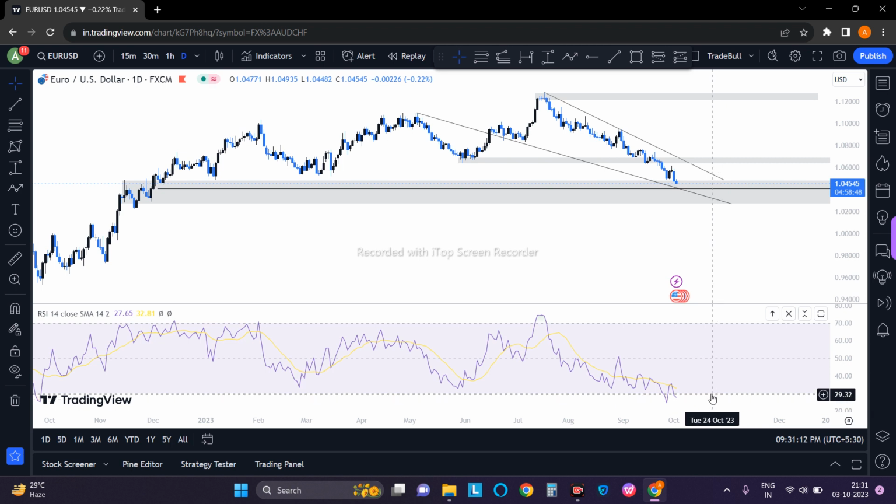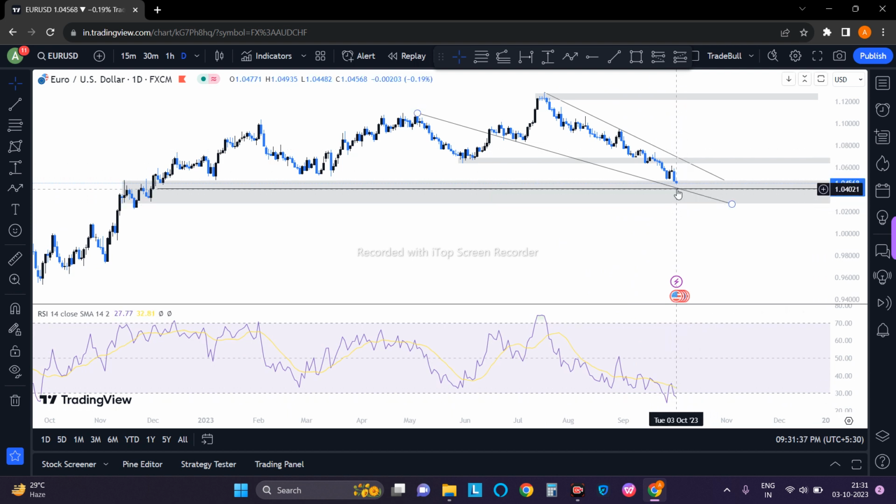So on a daily chart, it shows that price has been falling since the top when price was at this zone, and now it's been constantly falling since the July month, and now the price can, from this bottom, certainly mark a bottom where the price makes an up move.